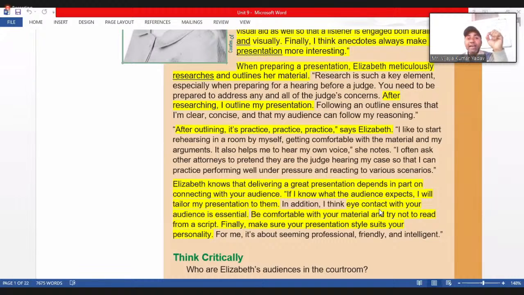In addition, I think eye contact with your audiences is essential. Very important thing, eye contact. If you don't have eye contact, remember, I have found, and you also might have found, so many speakers looking to the ceiling and giving presentation, looking to the floor and giving presentation, looking outside through the window and giving presentation, isn't it?